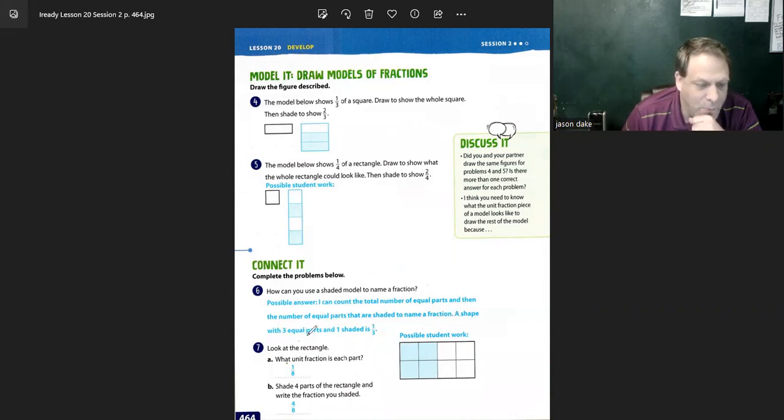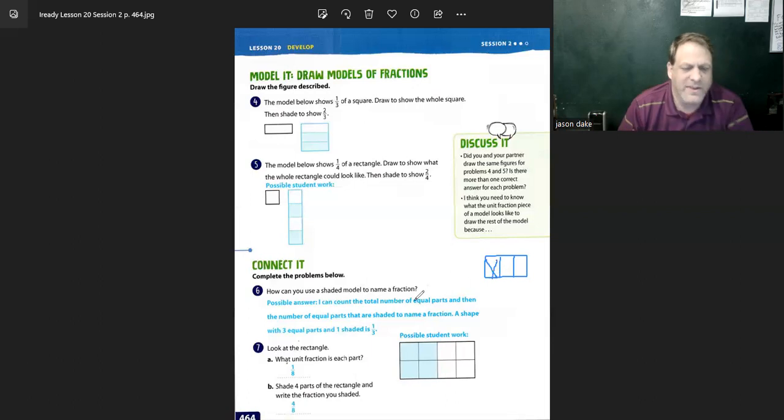A shape with 3 equal parts and 1 shaded is 1/3. So we'll have 3 equal parts, and 1 is shaded to make 1/3. That's what they're saying.